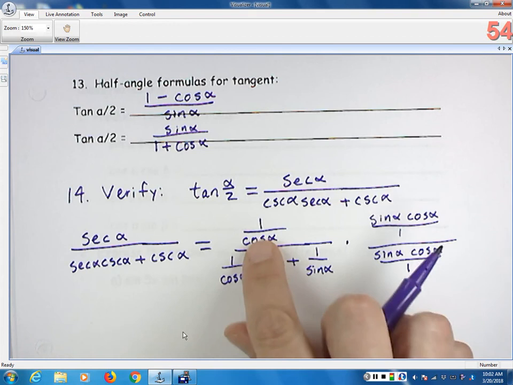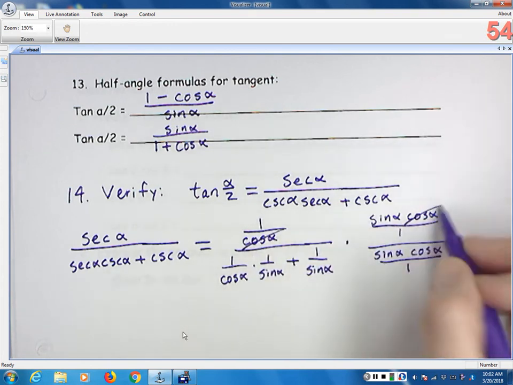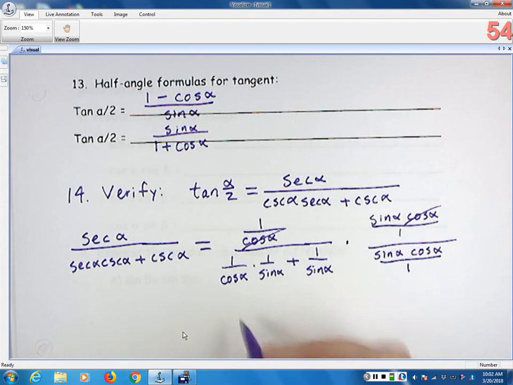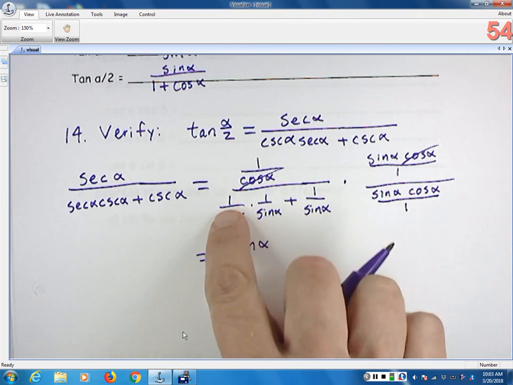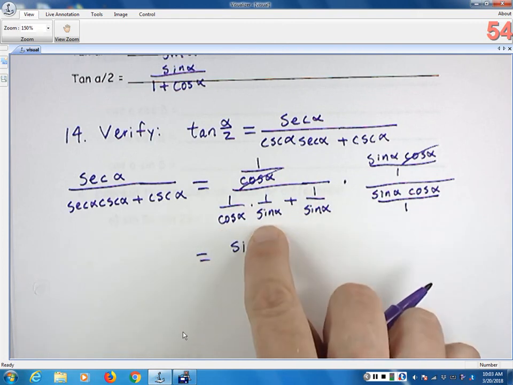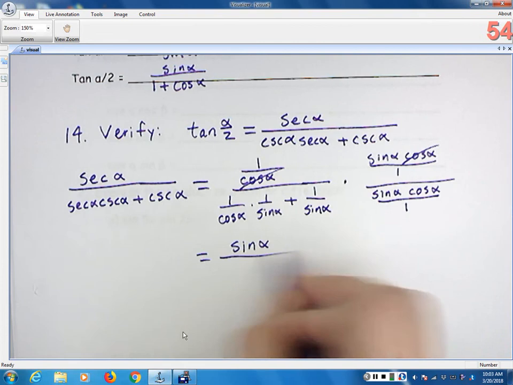When you multiply this times that, the cosines cancel. You're left with sine alpha in the numerator. When you multiply 1 over cosine alpha times sine alpha times this, you get 1, not 0.